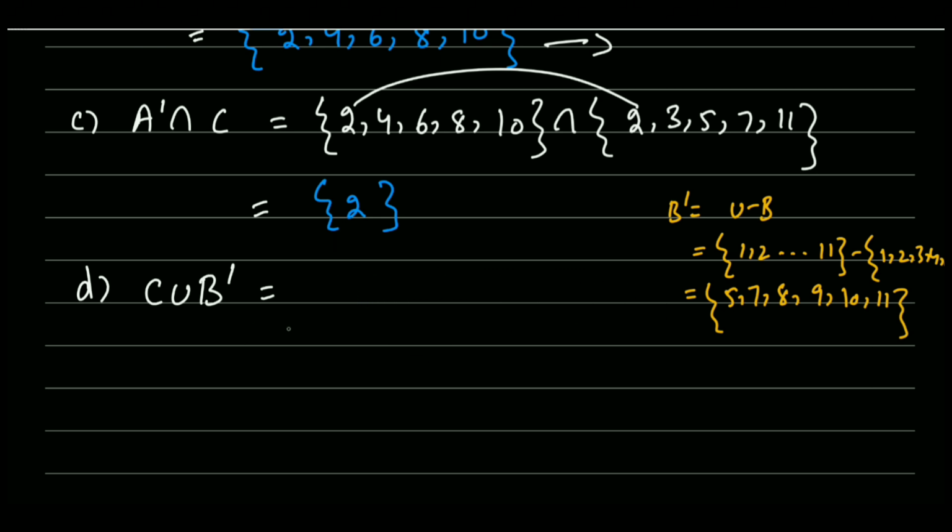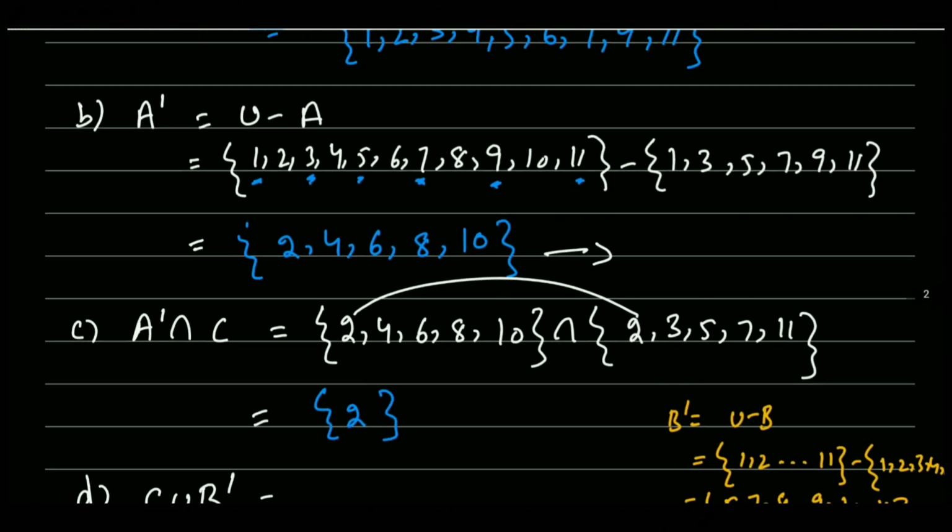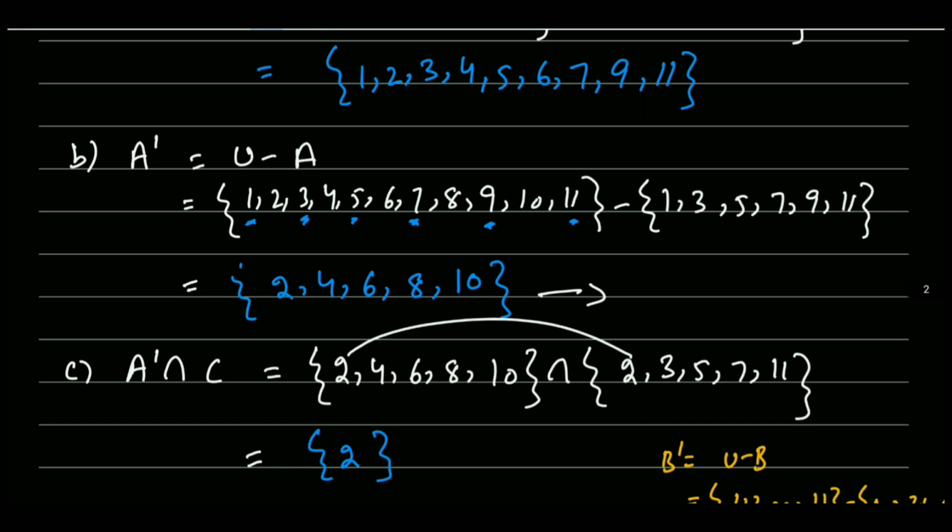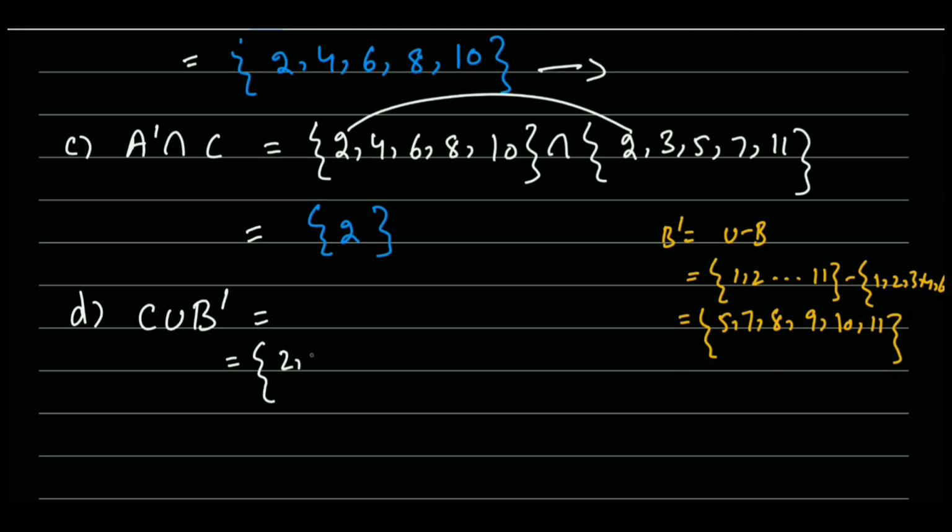So we will write here C, which was 2, 3, 5, 7, 11, union B complement 5, 7, 8, 9, 10 and 11.